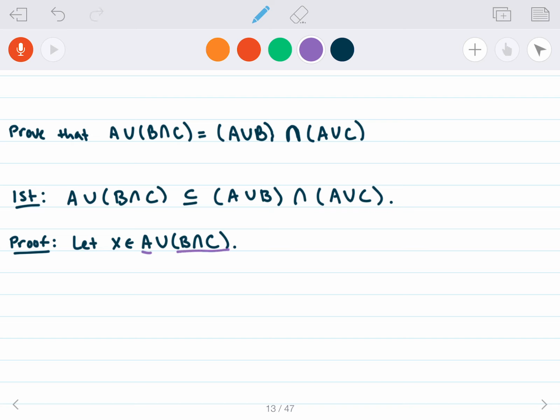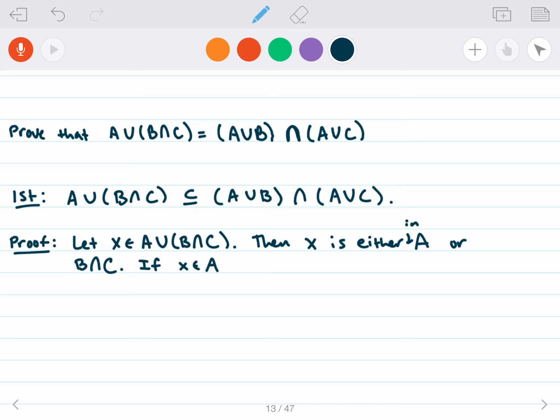What does it mean to be in the union of two sets? Then x is either in A, that's what union means, or it's in this set B intersect C. We'll start with the case where x is in A first.